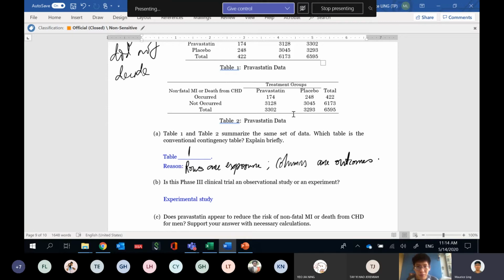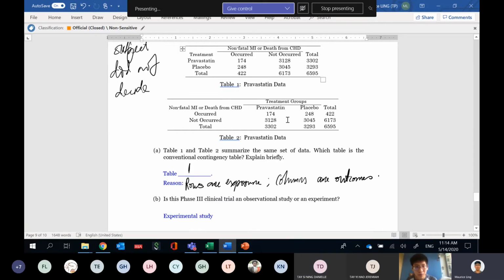Can we calculate either one, relative risk or odds ratio? Okay, so just calculate one of them.